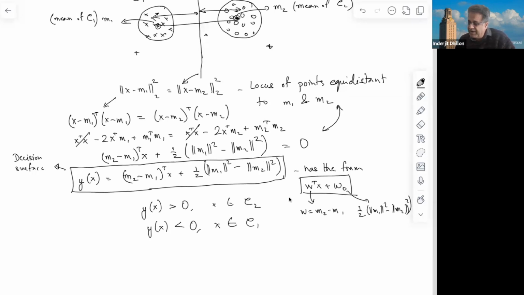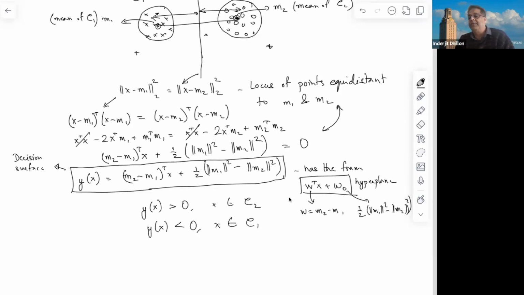Okay, but first I want you to visualize what is happening over here. I guess many of you might have heard the term hyperplane. A hyperplane is basically just a linear surface of dimension D minus 1.